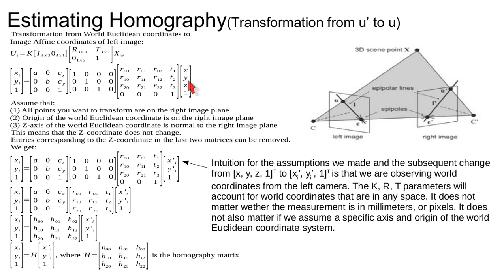So it doesn't matter whether the world coordinates have been measured in millimeters or pixels. It also doesn't matter what axis and origin we select in the world coordinate system. Even if they are on the right image plane, the k, r and t values will account for those, and they will be able to transform these coordinates into the left image plane coordinates, which is the result that we have obtained here.